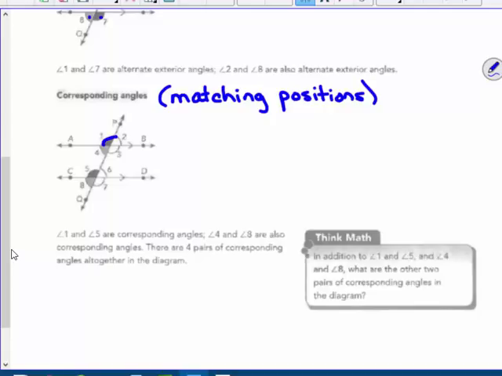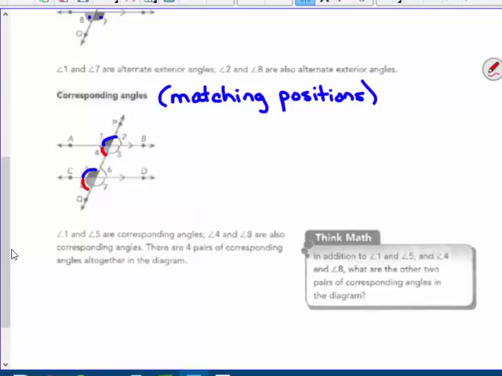So 1 and 5 are corresponding. Angle 4 and angle 8 are also corresponding because they are left and below the parallel lines.